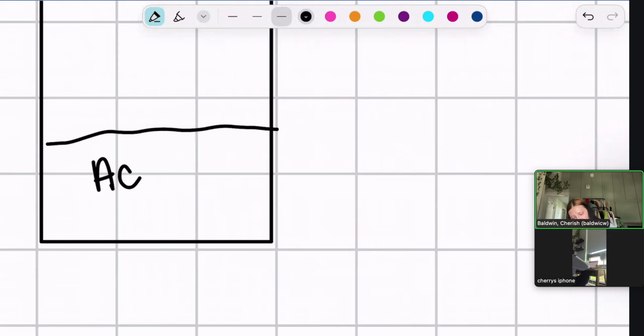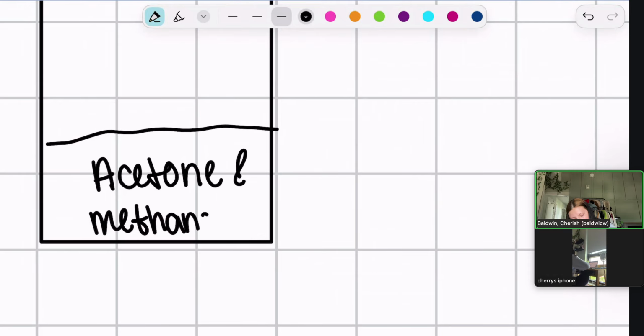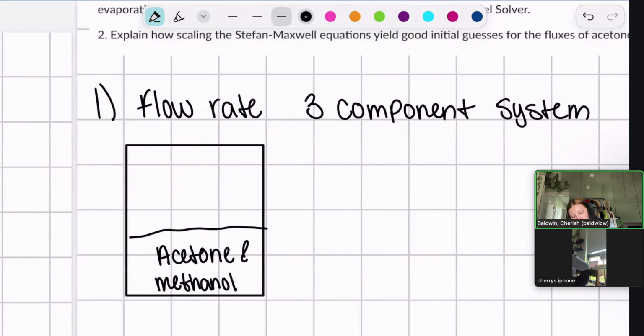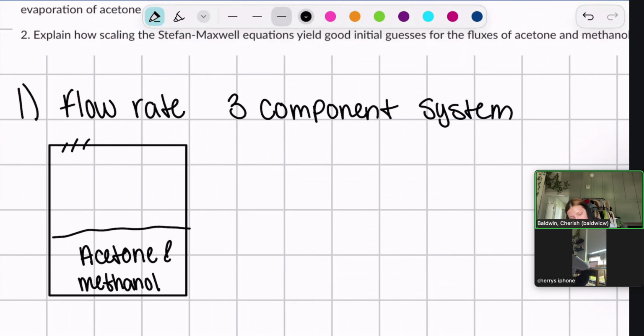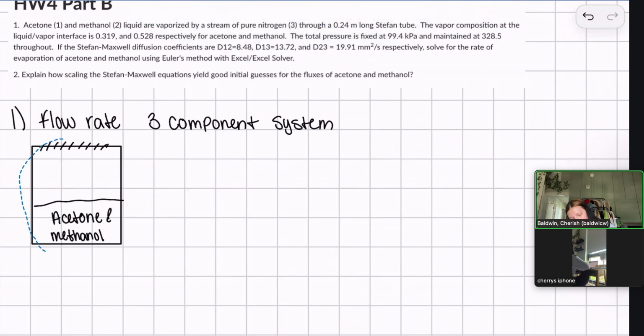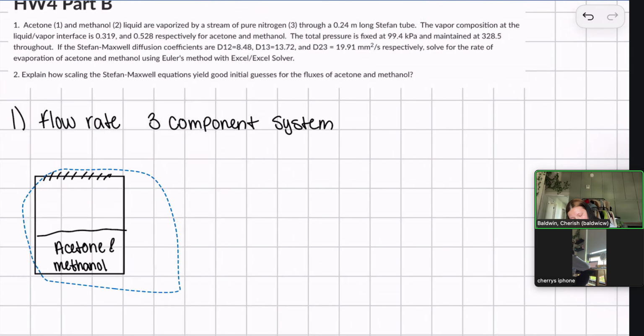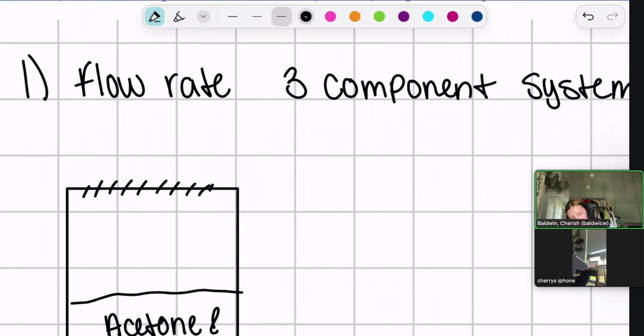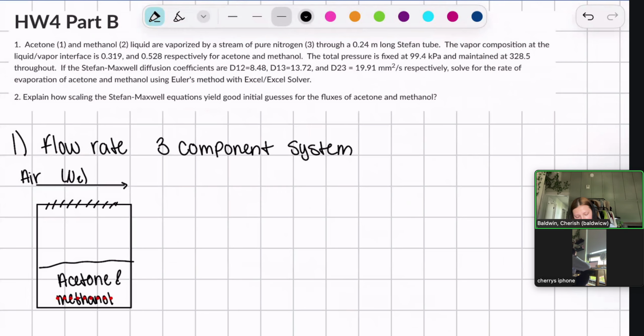Acetone and methanol are on the bottom of the tube with a screen that has air flowing over on top of it, and the screen is there for no pressure vortexes or anything.